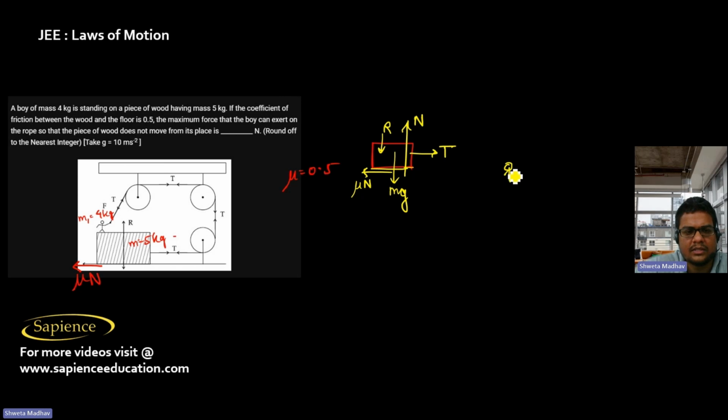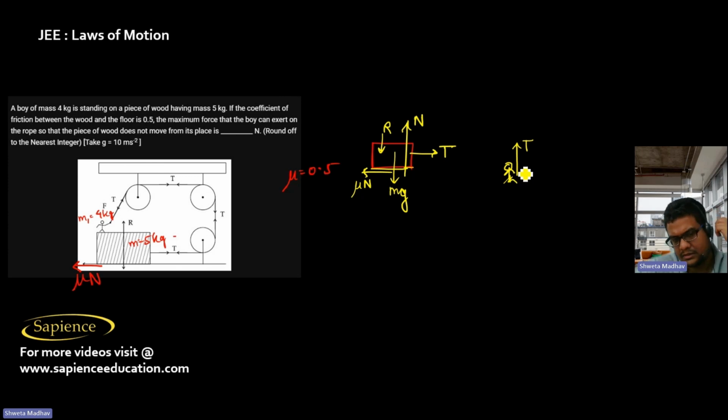And if you draw the free body diagram of the boy, then he is pulling the rope, so he is applying force, and T is the reaction of that force.